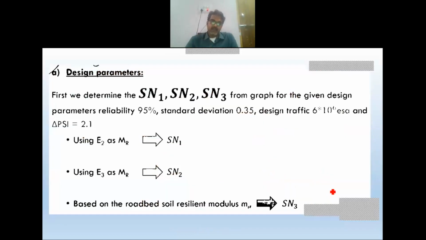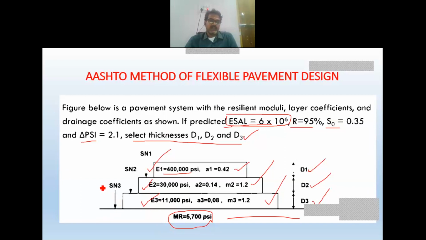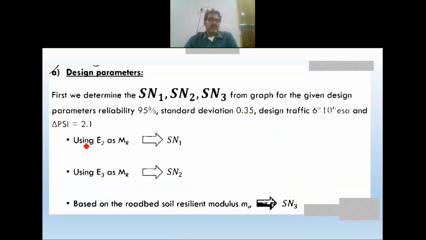Now, as you see on this side, there are some terms mentioned: SN1, SN2, SN3, structural numbers of layer 1, layer 2, layer 3. We'll see. Now, first we determine SN1, SN2, SN3 from the graph, for the given 95% reliability, standard deviation of 0.35, design traffic intensity of 6 into 10 power 6 ESAL, and delta PSI of 2.1.